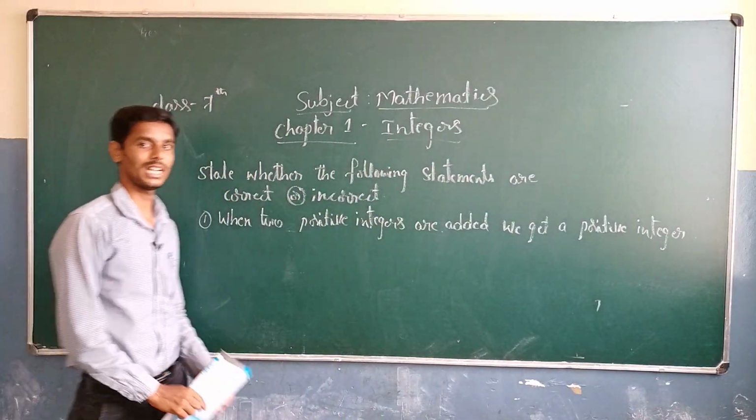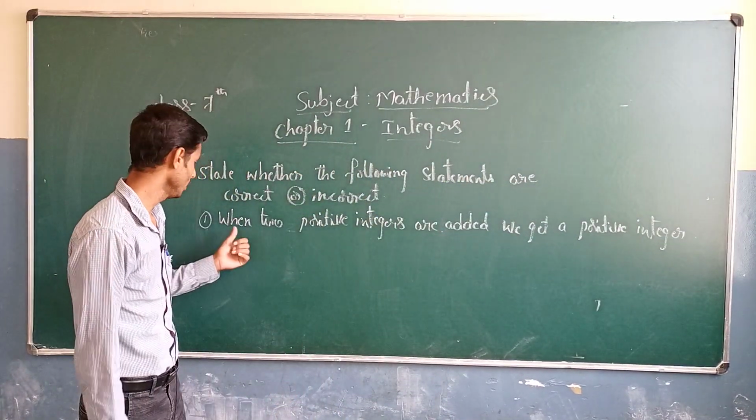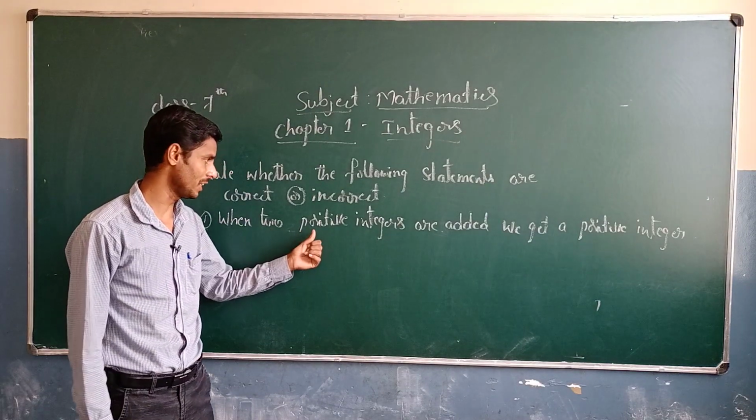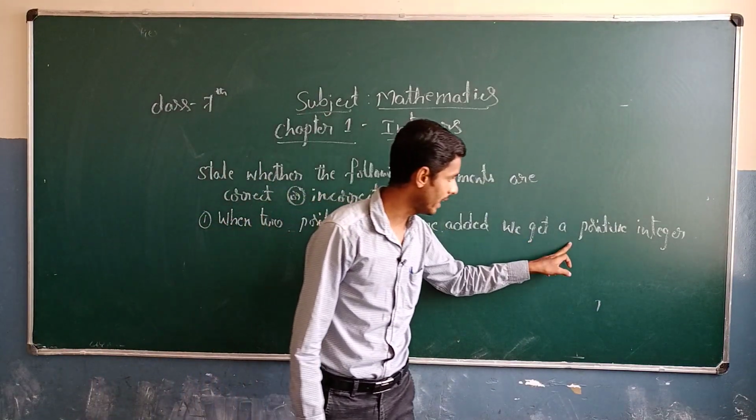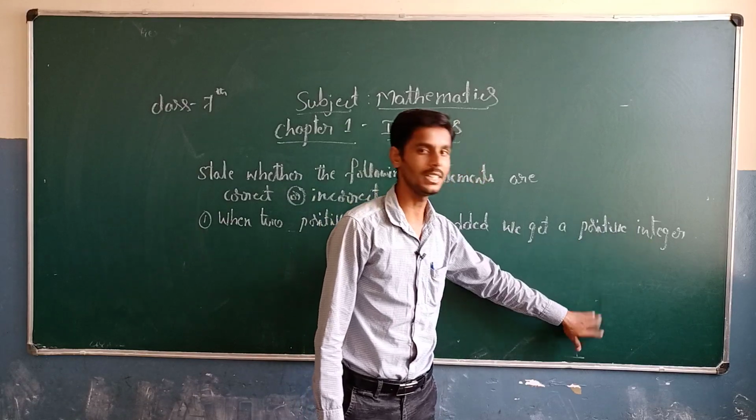Here the first statement is: when two positive integers are added, we get a positive integer.